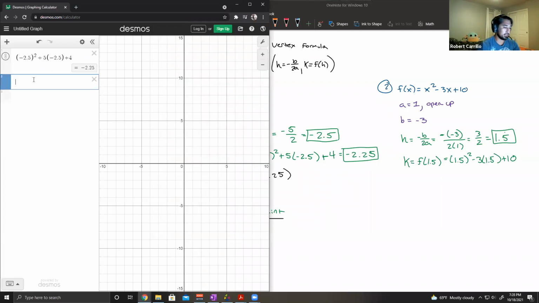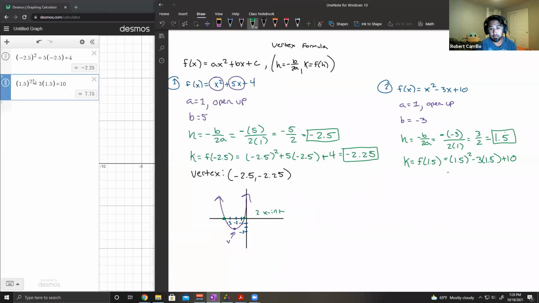Type it in just like I wrote it. We get that our K value is 7.75. Okay, we have found our vertex.